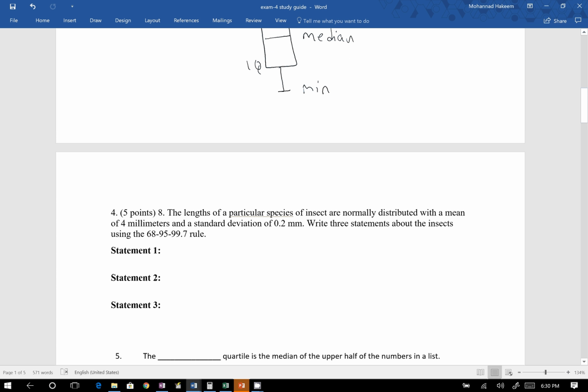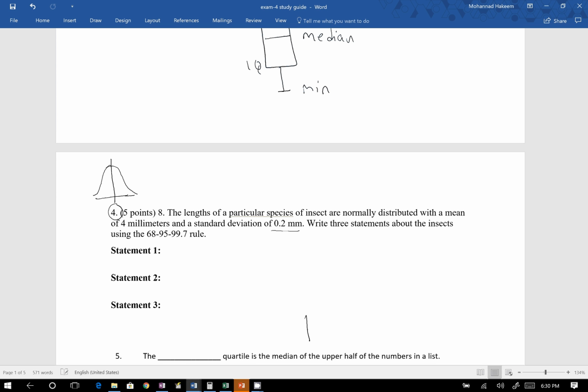Now move on to number 4. The lengths of a particular species of insects are normally distributed. So normally distributed meaning that it will be like this. With a mean of 4 millimeters and a standard deviation of 0.2 millimeter. Interesting.